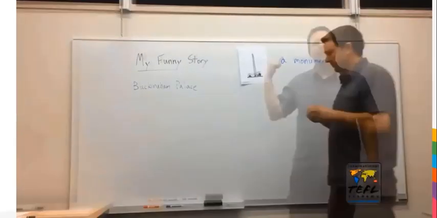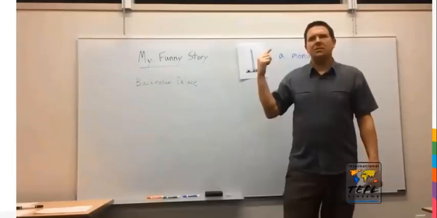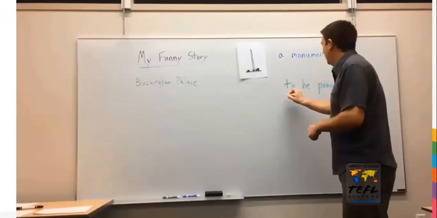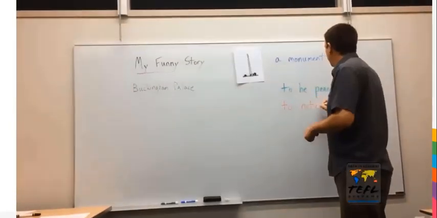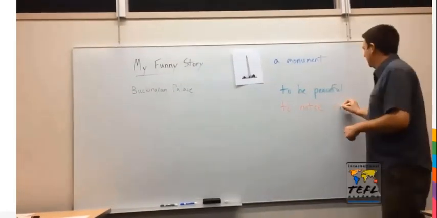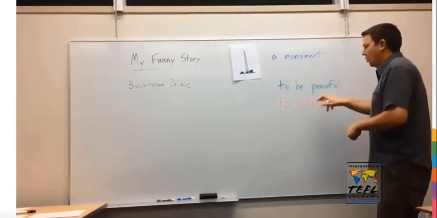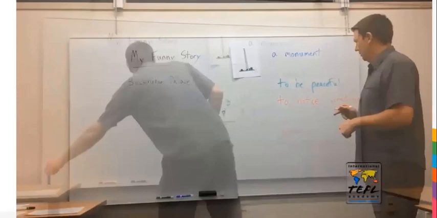Yeah, good. All right, so that's a verb. So I'm going to write it in red. To notice, and I'm going to put something, because you usually notice something. We'll put it right here.